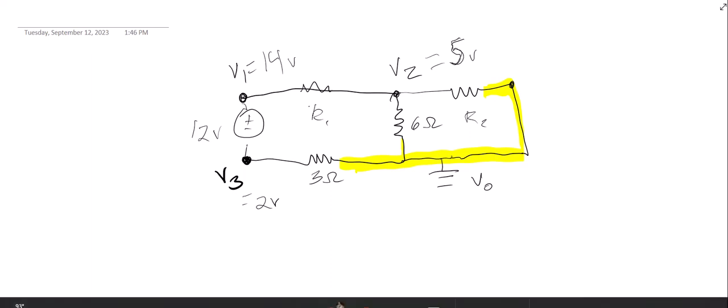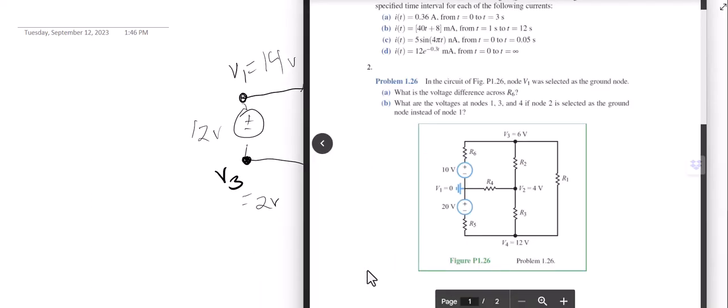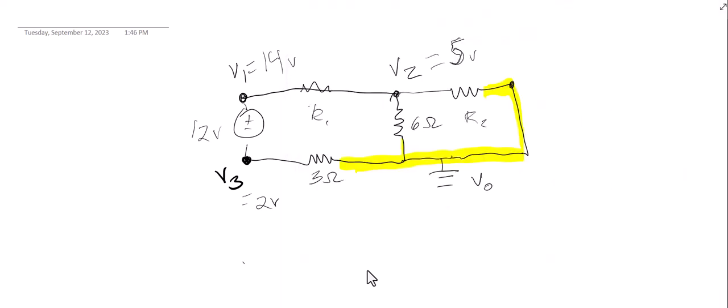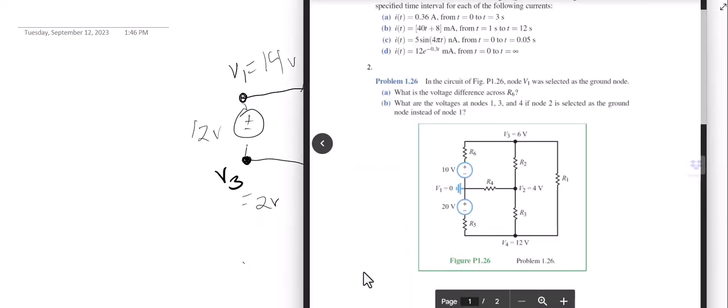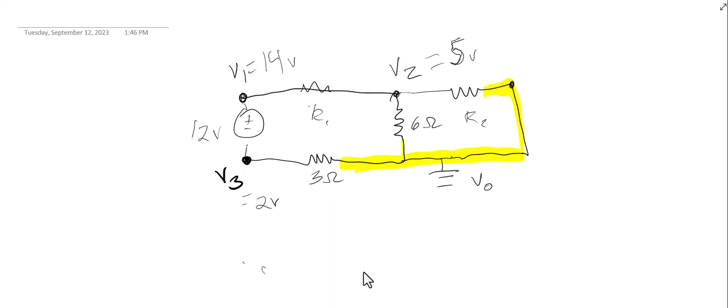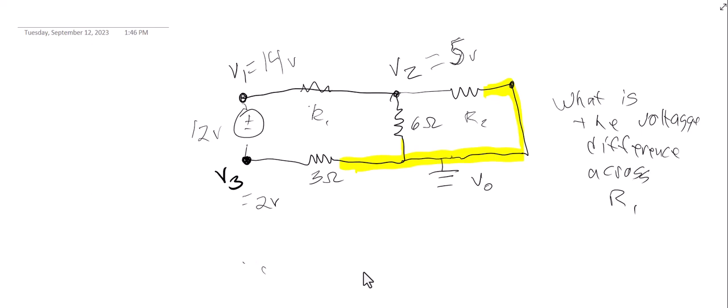Now, if we look at your homework question, it said, what is the voltage difference across R6? That was the first thing you needed to find. So that was an Ohm's law question. I think it was just the voltage difference across R6, yeah. So that would be the same as saying, what is the voltage difference across R1?